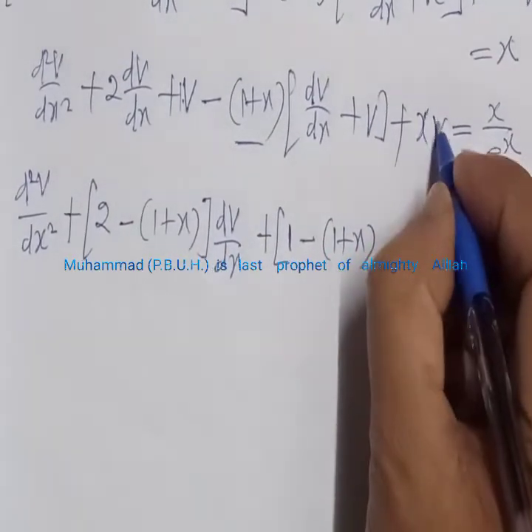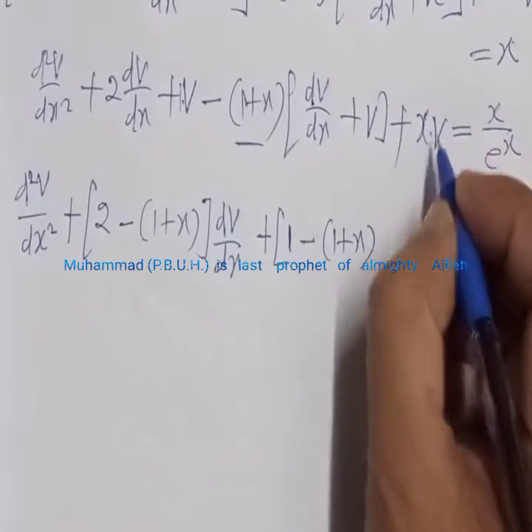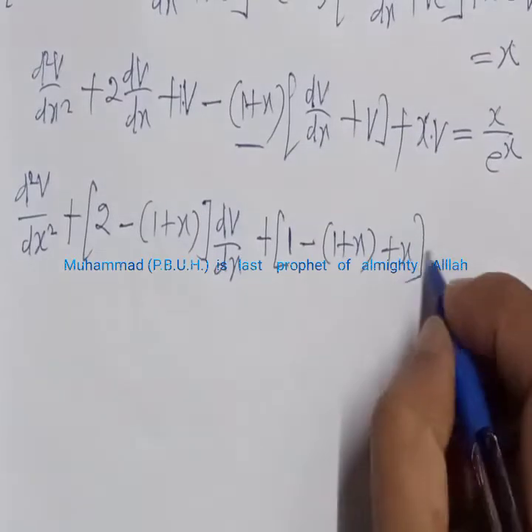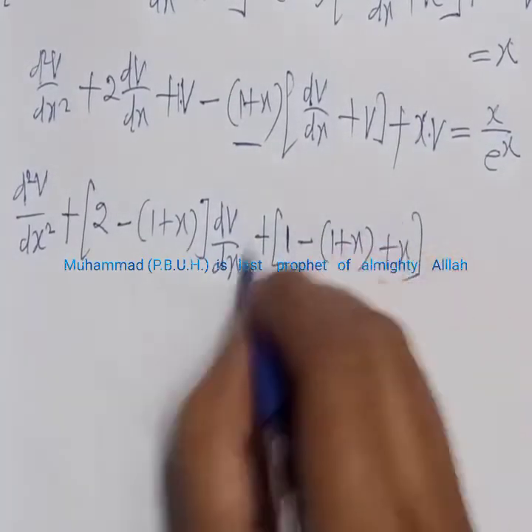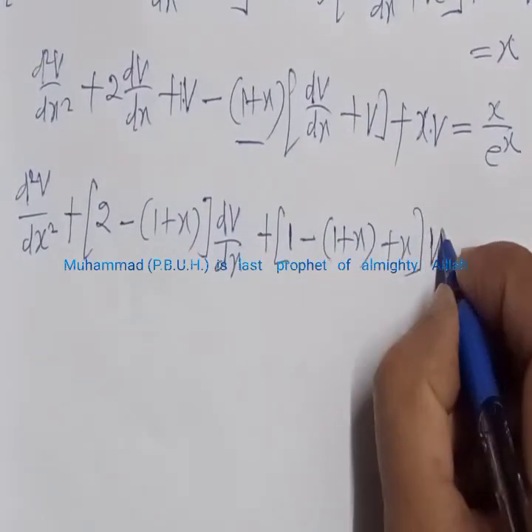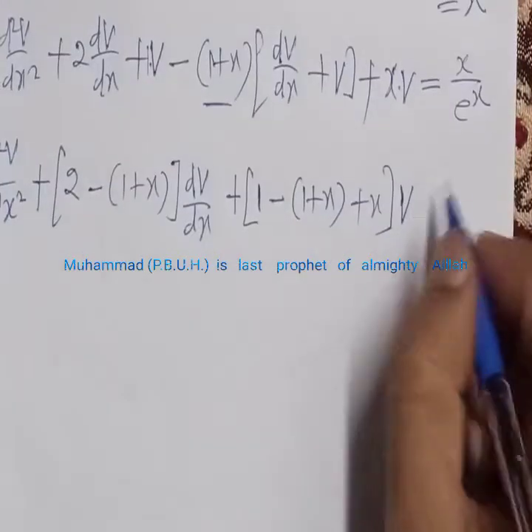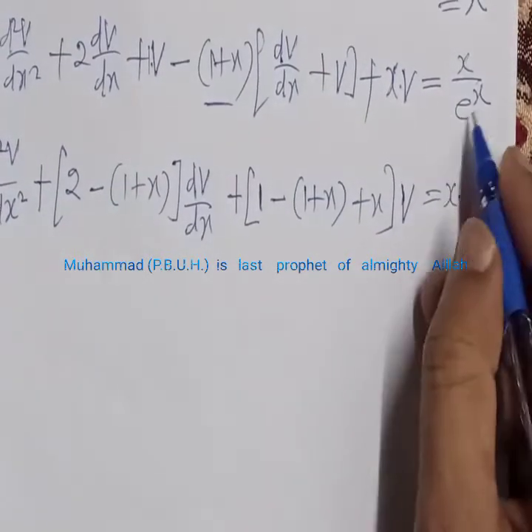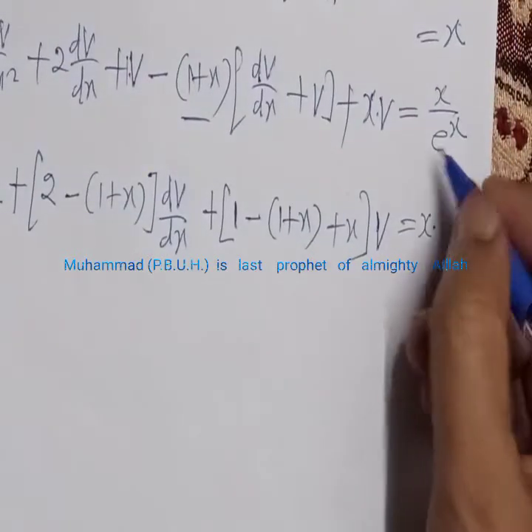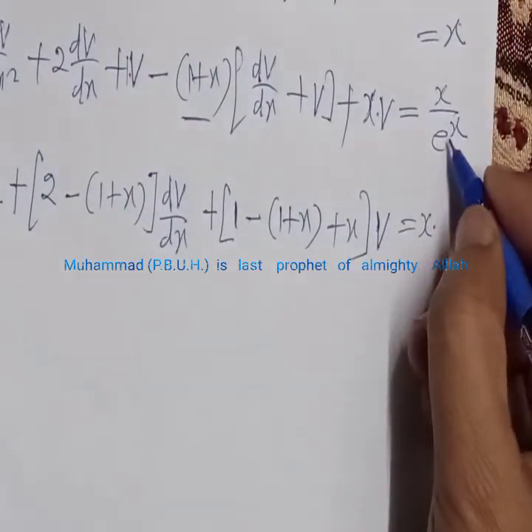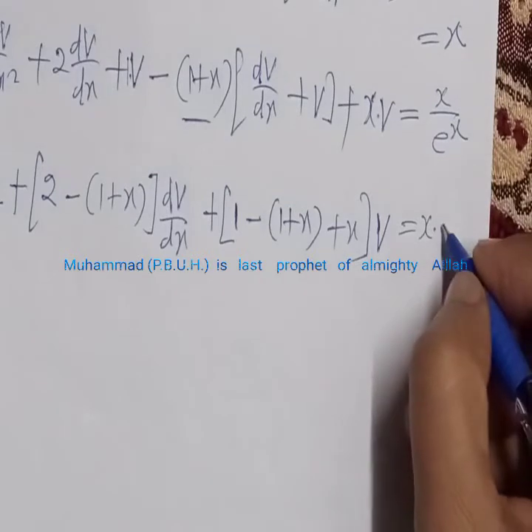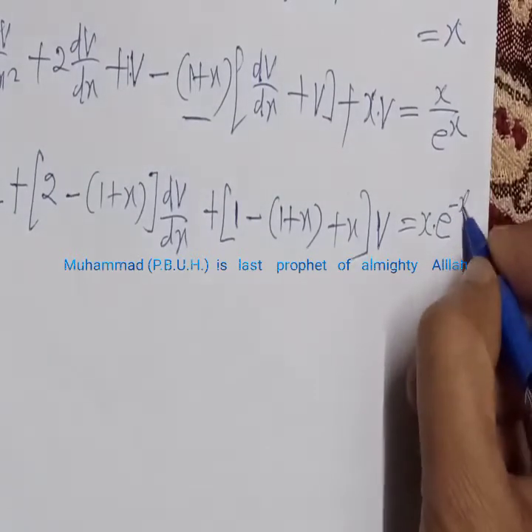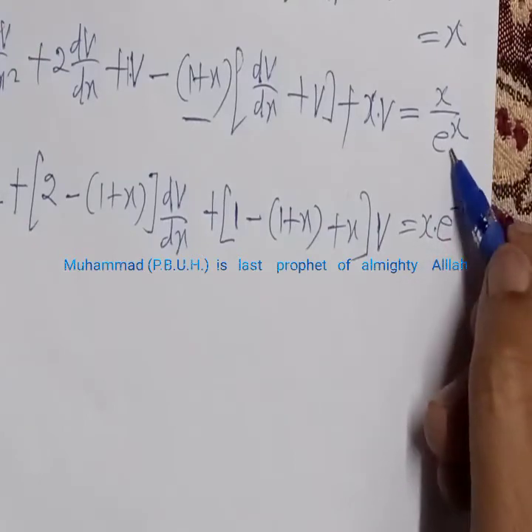Also here v is present, and the coefficient of v is x, so write x here, and this is the coefficient of v, so we multiply v here. On the right hand side we write x, and taking e to the power x to the numerator, we write e to the power minus x.